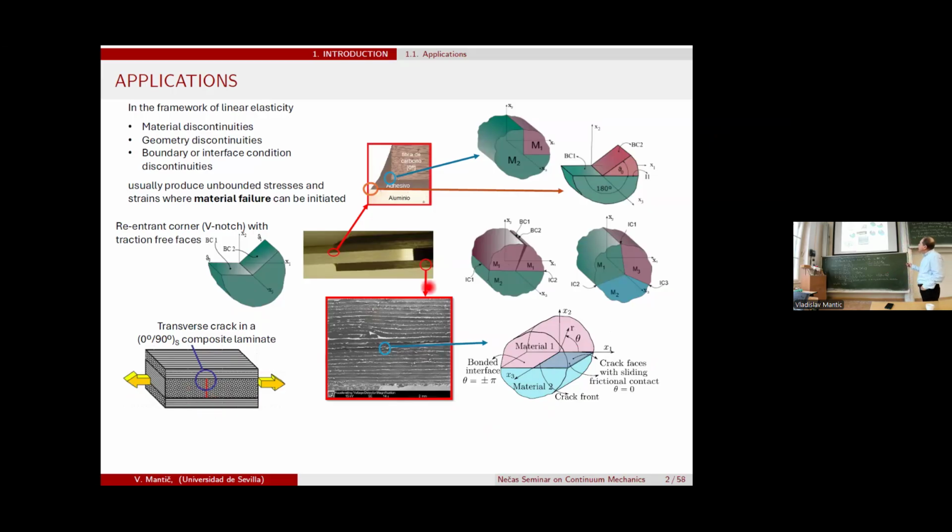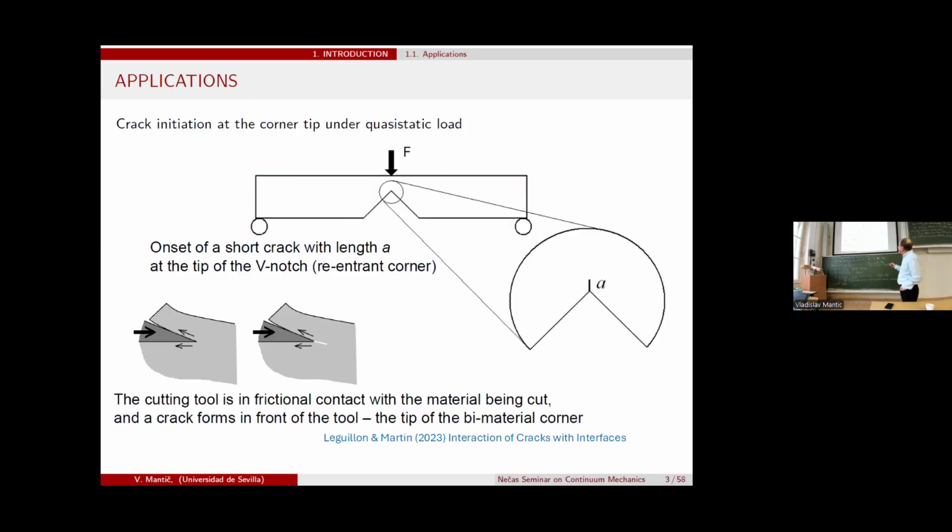cracks or corners, we have, as I mentioned previously, unbounded stresses in the framework of linear elasticity. It is another example of a crack terminating at an interface. As I mentioned, at this singular point the fracture can initiate.